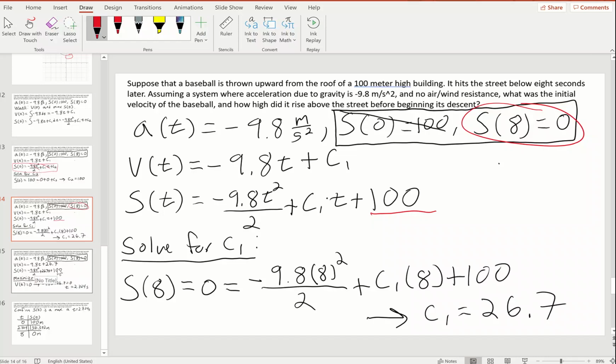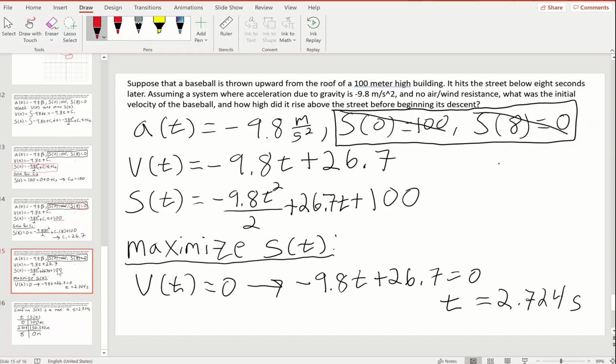So again, moving forward and updating both velocity and position functions, I now have particular solutions for both velocity and position, right? That C1 was a constant in v of t and s of t, and also C2 was a constant in s of t. So I've solved for both of them, and now I have actually particular solutions for velocity and position.